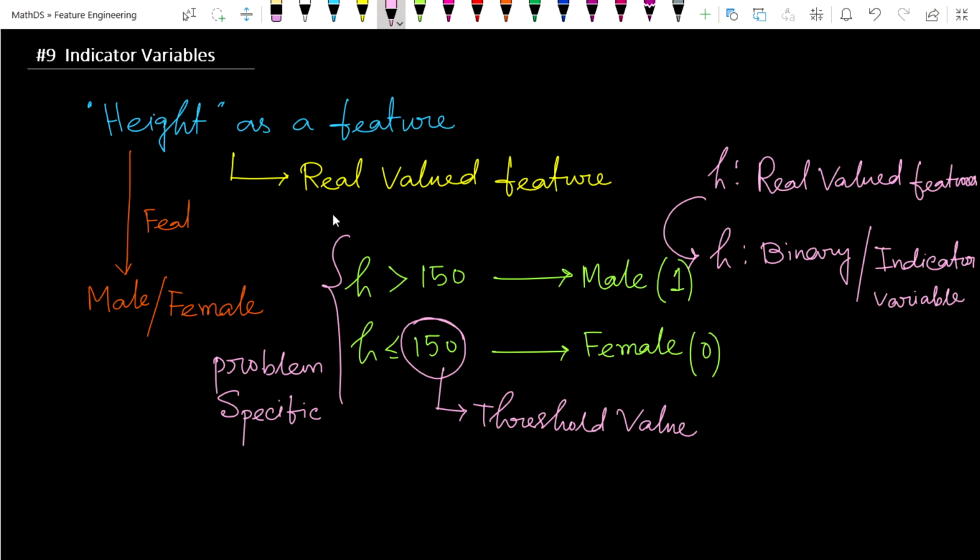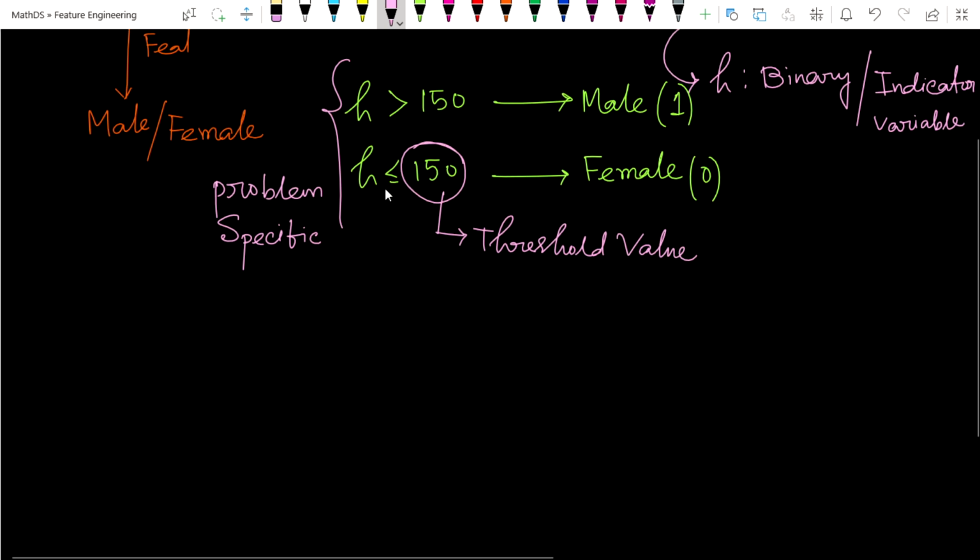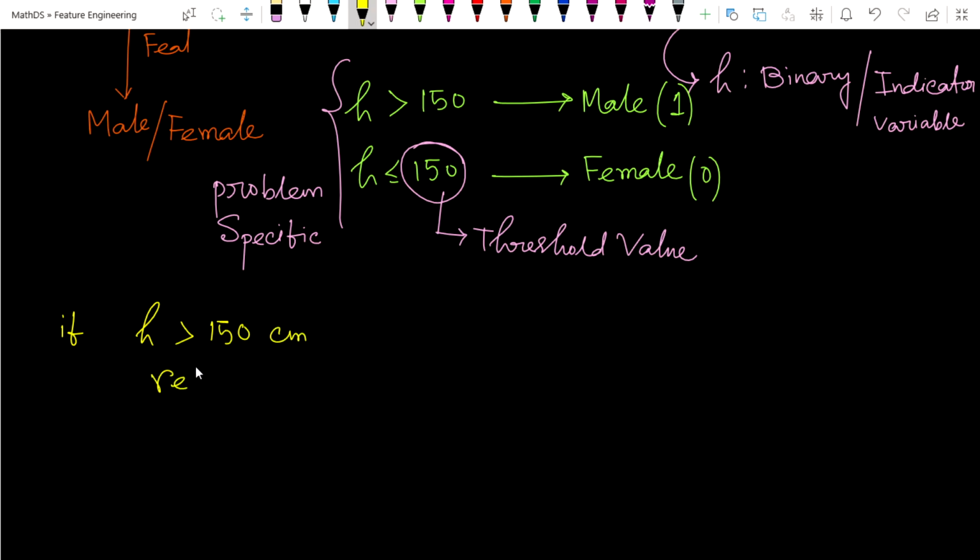So simply, by using this threshold value, we have converted a real valued feature to a binary feature. This technique is called the indicator technique to convert something into a feature. Programmatically, it will look like this: if h is greater than or equal to 150 centimeters, then we return 1 for male, else we return 0.